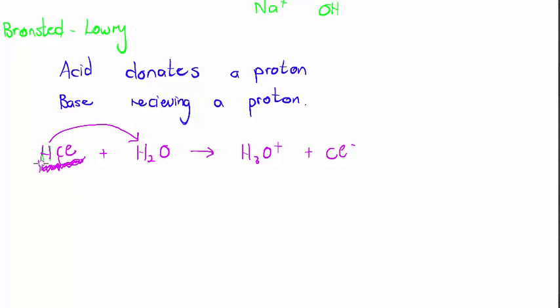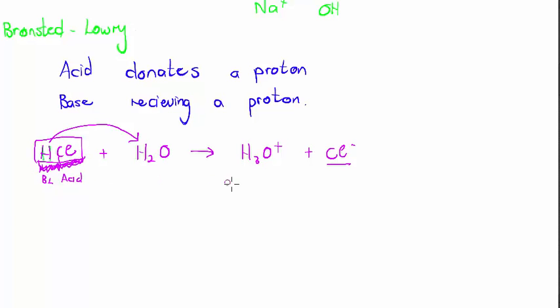If you look at this one, he's the one that donated the hydrogen. Do you see? Because here we have hydrochloric acid, yet we just have chlorine, so the hydrogen is missing, which means he is the one that donated. So he is the Bronsted-Lowry acid, because he donated it.